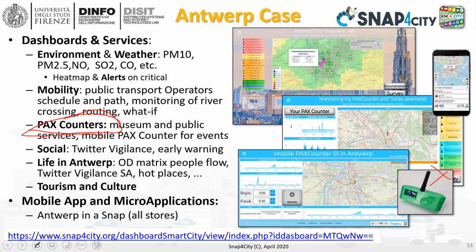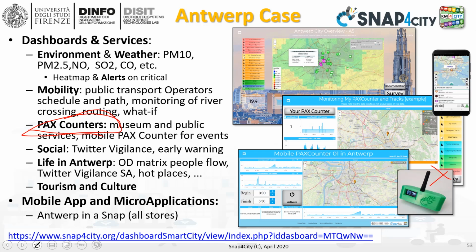There is also a dashboard for life in Antwerp, similarly to that of Helsinki. A lot of data regarding tourism and culture and service in the smart zone, especially, and the Antwerp in the Snap in all stores available.